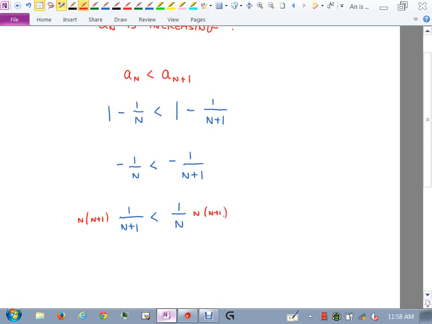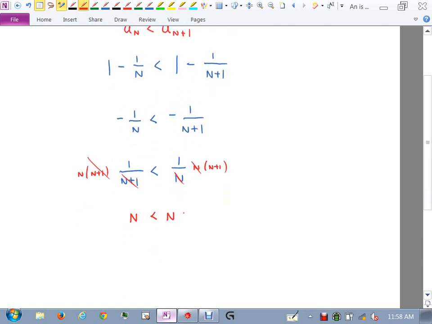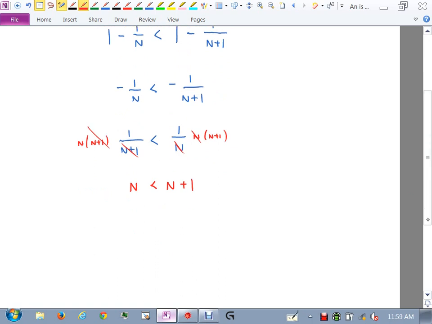So on the left, now I do that, do I have to worry about flipping the inequality here? No, because n's not negative, right? So I can be guaranteed that my inequality is going to hold here. So let's cancel those, and then we'll cancel the n's here. And what I get is n is less than what? n plus 1.